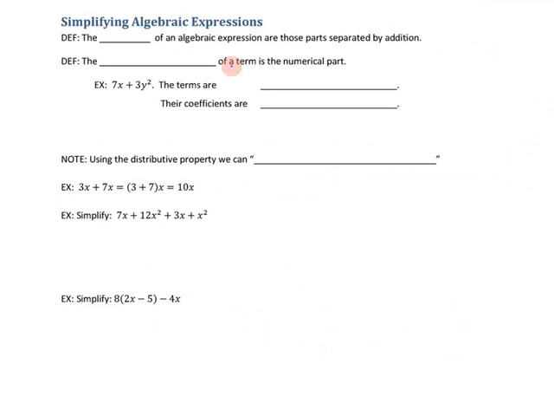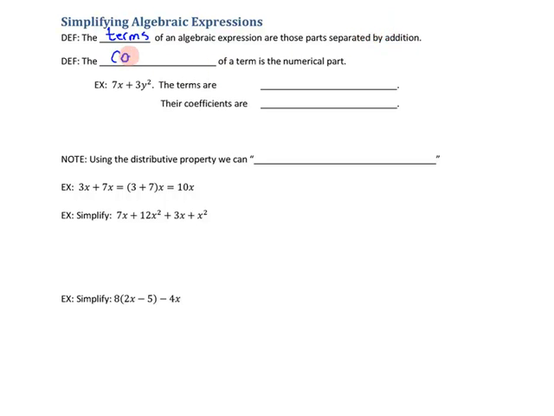Simplifying algebraic expressions. Using those properties, we can now simplify some algebraic expressions. And in order to do that, let's first define a couple of vocabulary words here that we will use extensively throughout the course. Whenever I refer to the terms of an algebraic expression, those are the parts that are separated by addition, or in fact by subtraction, since subtraction is addition in disguise.